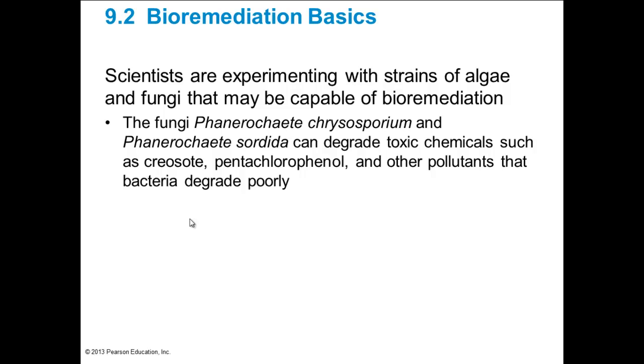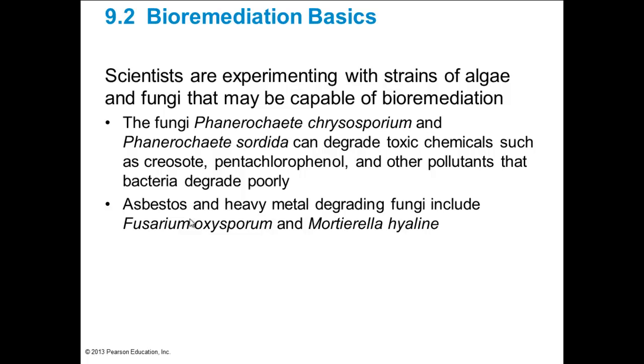Wherever you see a wood treatment plant, it has a particular odor associated with it. Usually that's creosote, and creosote is very difficult to degrade, but it will degrade in the presence of these fungi. Asbestos and heavy metals are accumulated using Fusarium oxysporum and Montiarella hyaline.